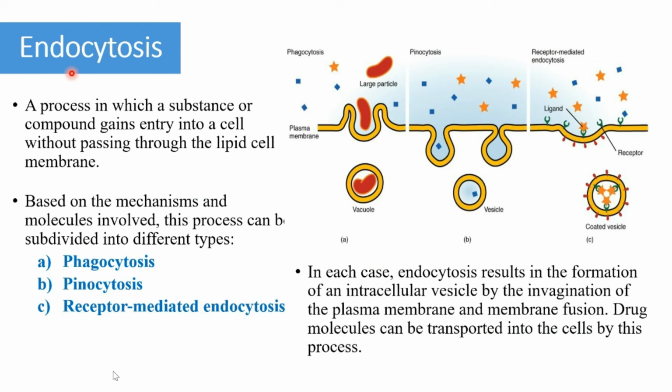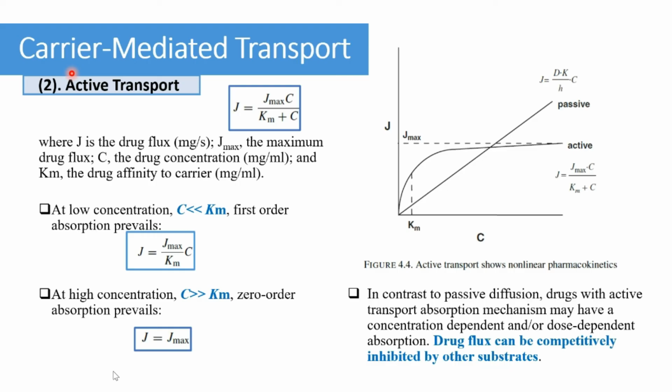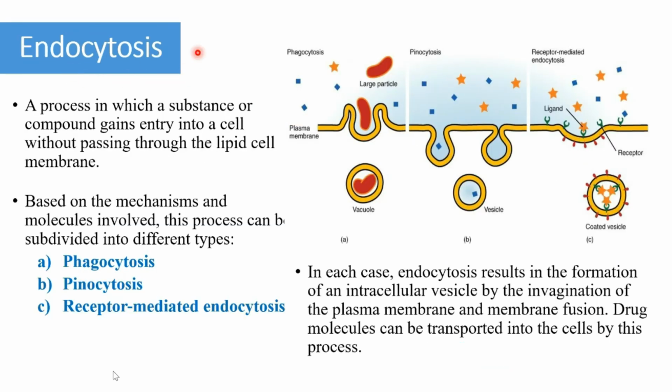And here is the third part of carrier-mediated transport, okay, endocytosis. So endocytosis is a process in which a substance or compound gains entry into a cell without passing through the lipid cell membrane.